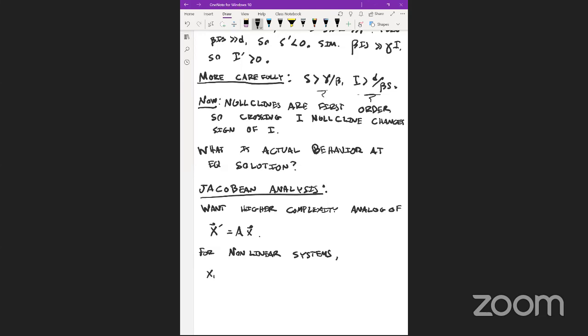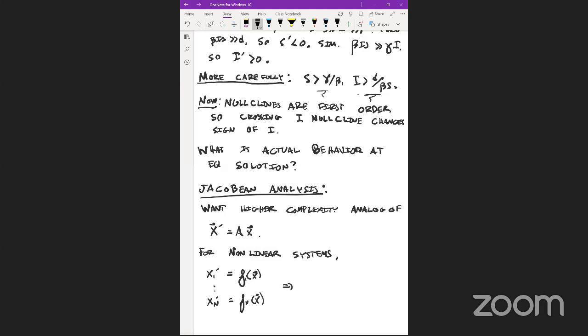Let's write x1 prime equals f1 of x vector. So x1 prime is some function of the others, down to xn prime equals fn of x.